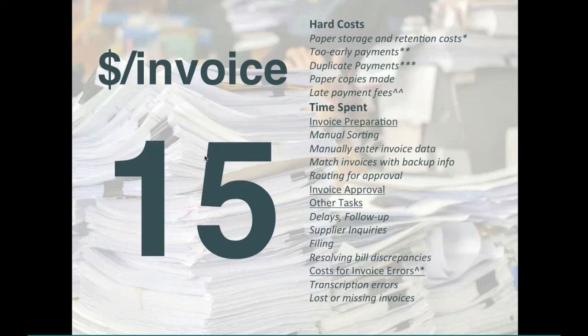If you're best in class, super efficient processing, thousands of invoices per AP person, you may be driving that price down to just under $10. But ultimately, when you do the math of it, and we have a great ROI calculator on our website that you can use, ultimately, it's a lot more expensive than people realize.